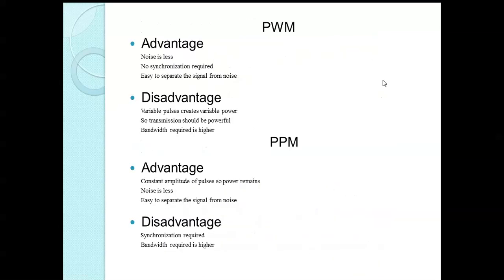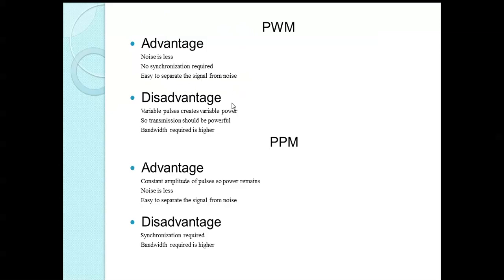When I'm considering the advantages and disadvantages of width and position: the noise is less here because we are not modulating the amplitude, and there is no need of any synchronization. The width just changes based upon the input level, so no need of synchronization, and we can easily separate the noise.